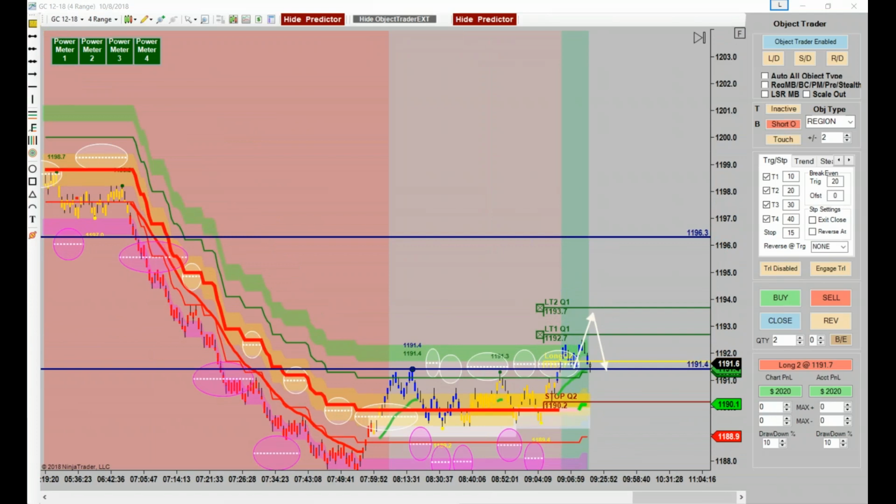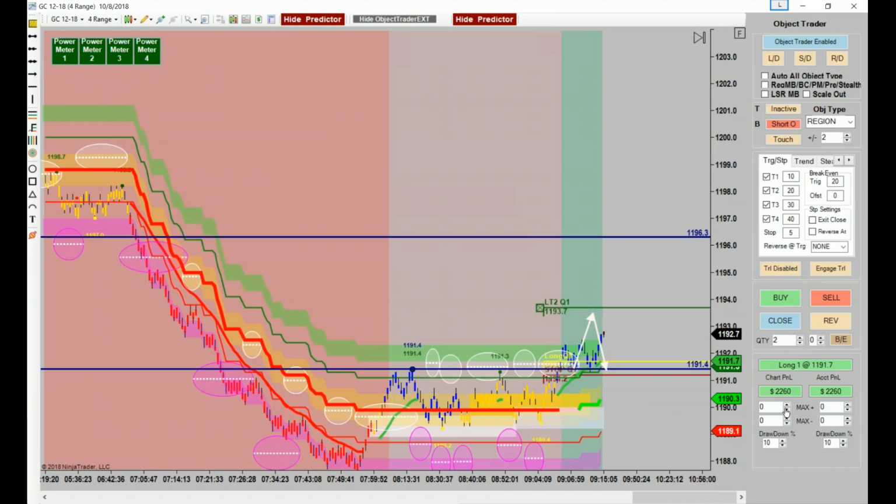Now I'd probably put a fairly tight stop on this, but I've got to at least give it a little bit of wiggle room, like down to this little swing right here. And I'd put my stop pretty tight just in case. And there's another trade that worked out.